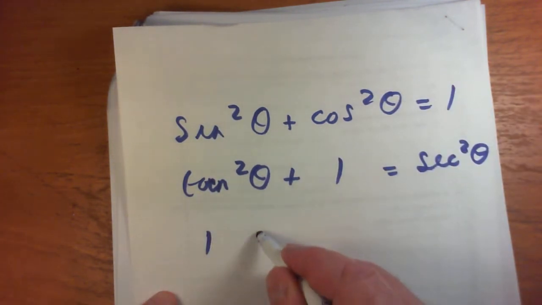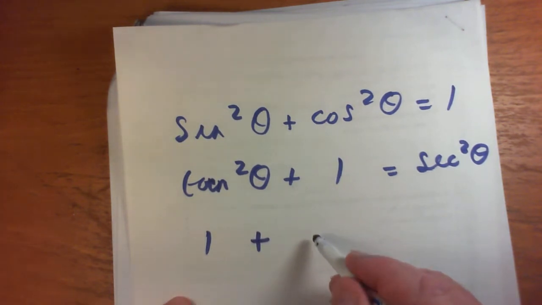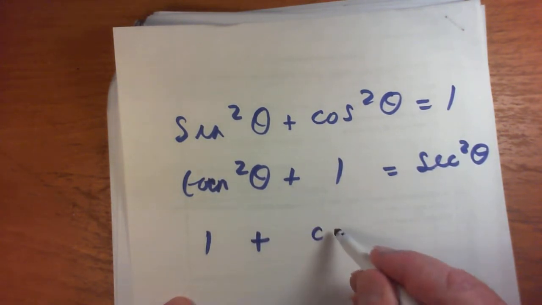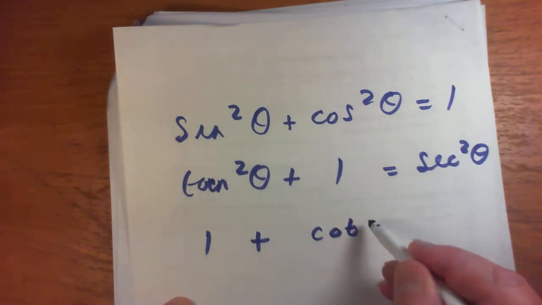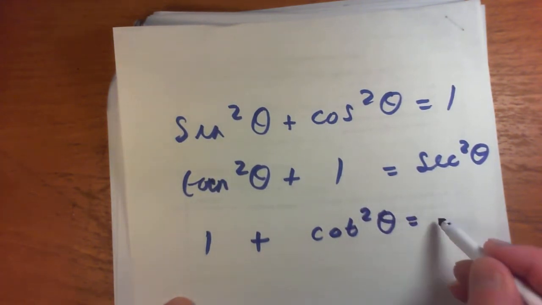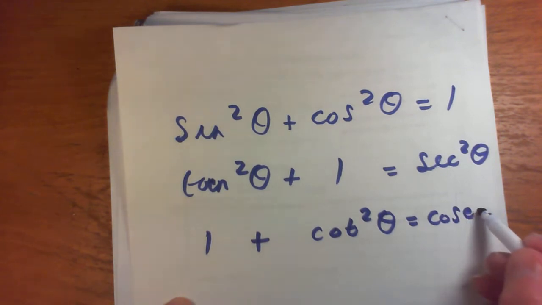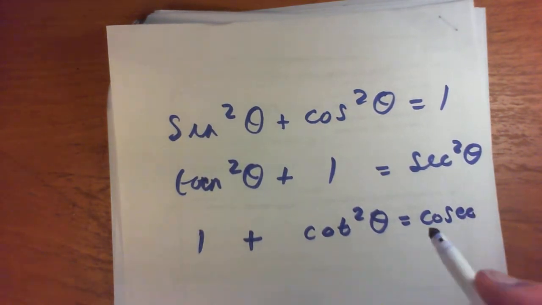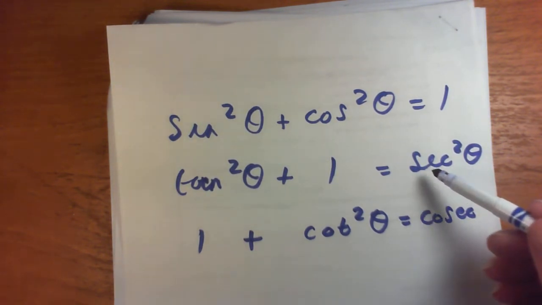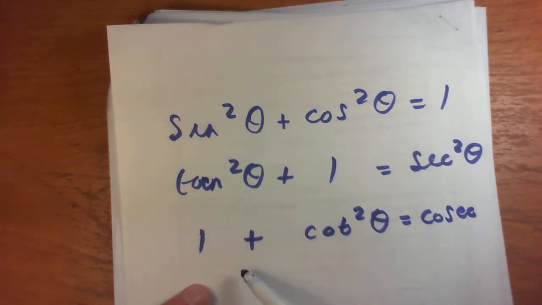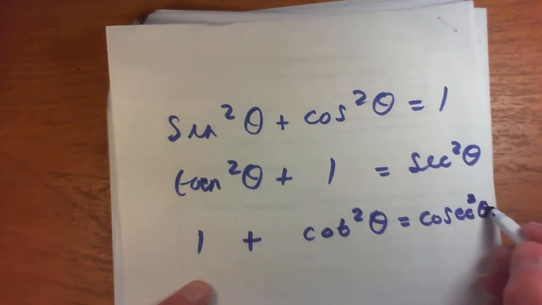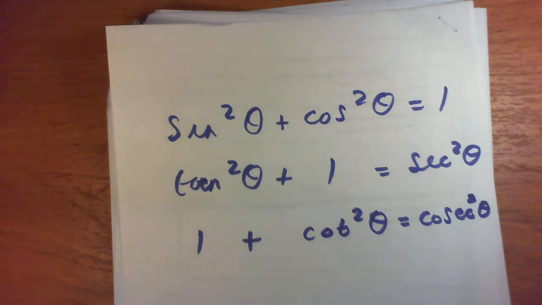Likewise, if I divide through by sine squared, that'll give me 1 plus cot squared theta equals cosec squared theta.